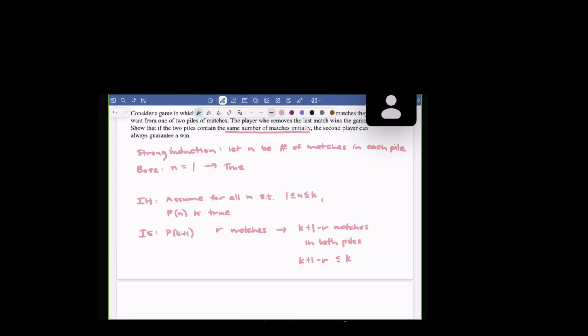Right, because if you have k plus 1 matches and you take r matches, which is at least 1, we know that the remaining number of matches has to be less than or equal to k. So here we could use our inductive hypothesis, which assumes true for all n between 1 and k, to show that this is true.